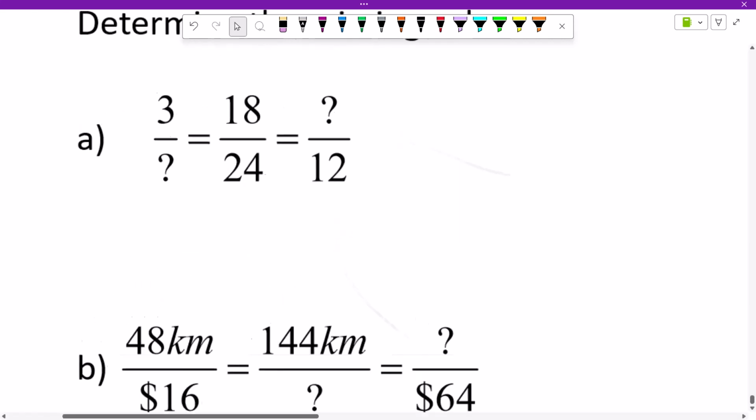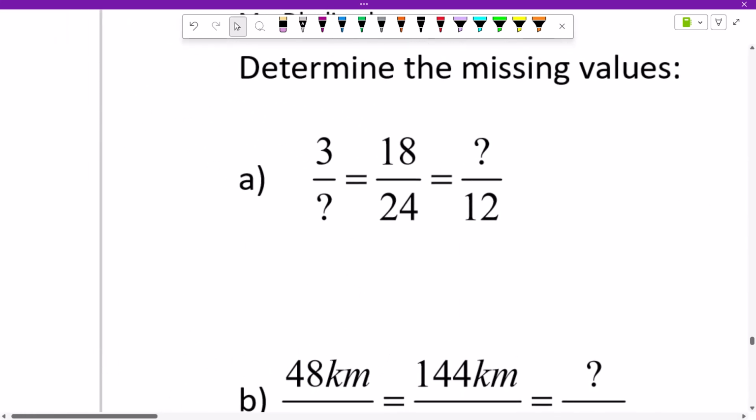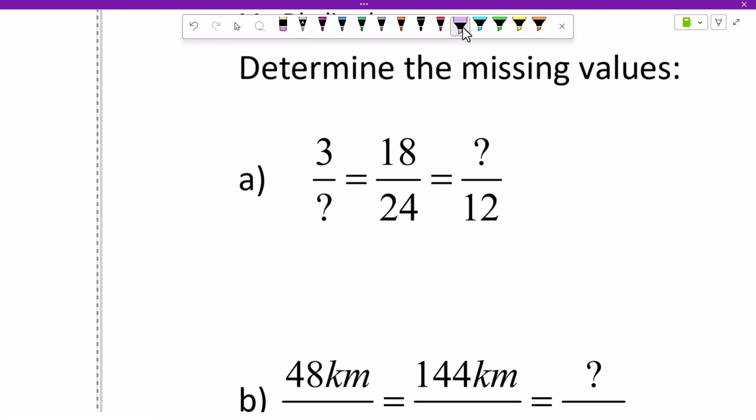These 3 are all equivalent. If I want to figure out this missing number, I need to pair it up with a fraction where I know both the top and bottom. On this one, you have to use the middle one.